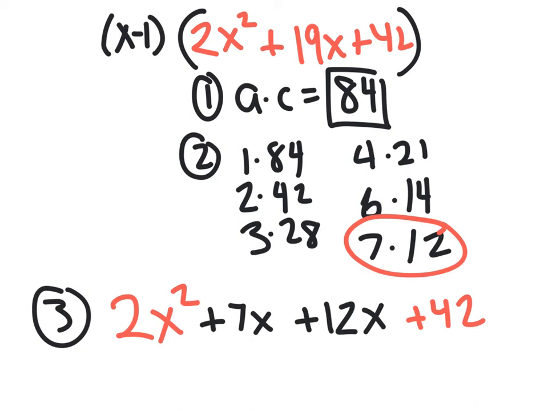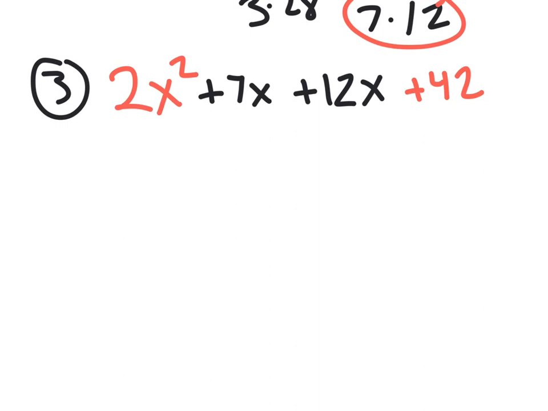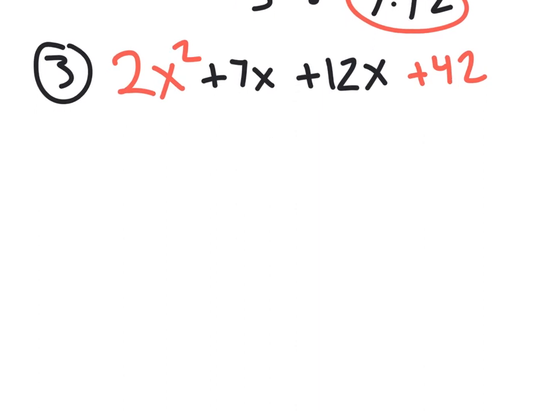So we're going to move this all up to make more space. We're going to end up with 2x squared plus 7x plus 12x plus 42. Now there's 4 terms. I'm going to convert it into 2 groups.